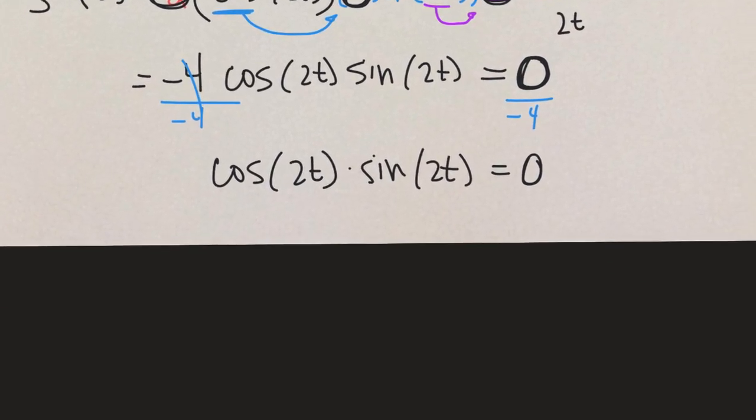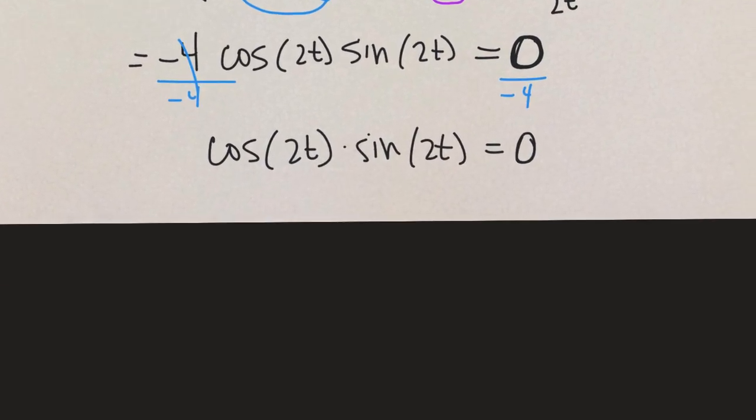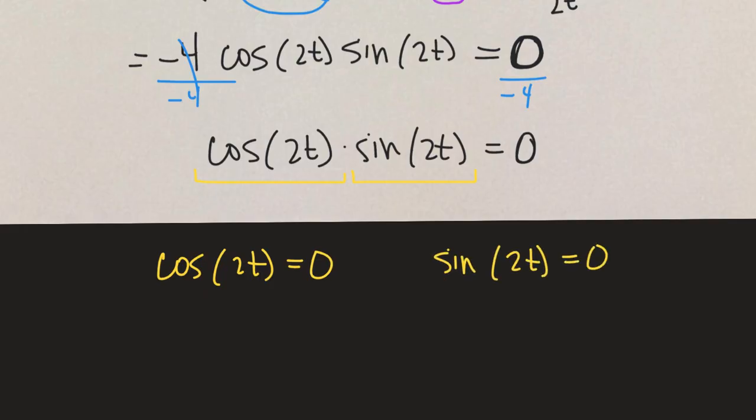Okay? So now we're going to go back to our Algebra 2 knowledge. If I have two things that multiply together to give me 0, right, by the zero product property, either the cosine, our first thing, has to be 0, because 0 times something is 0, or the second term has to be 0.